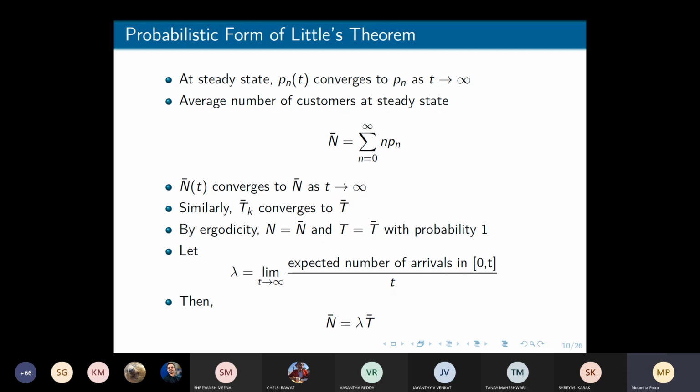Now comes the property which we call ergodicity. What do we mean by ergodicity? Any MNC student here? Anybody from mathematics and computing? Have you heard of this term ergodicity?